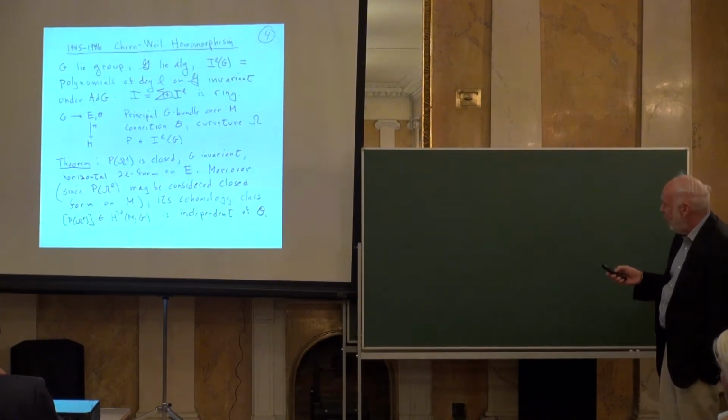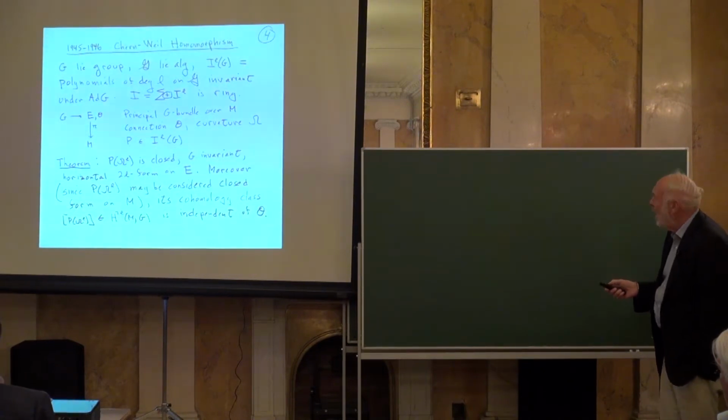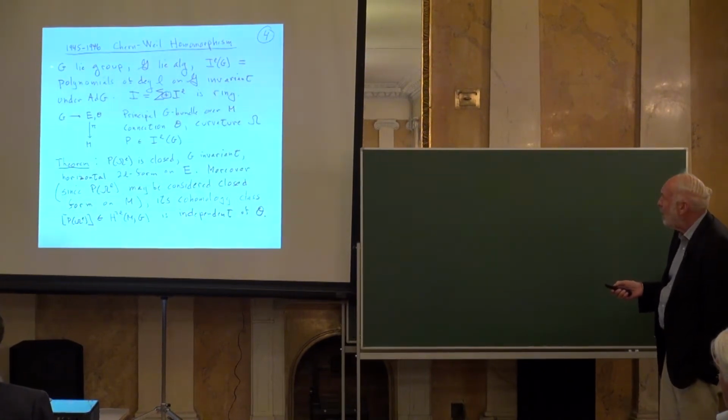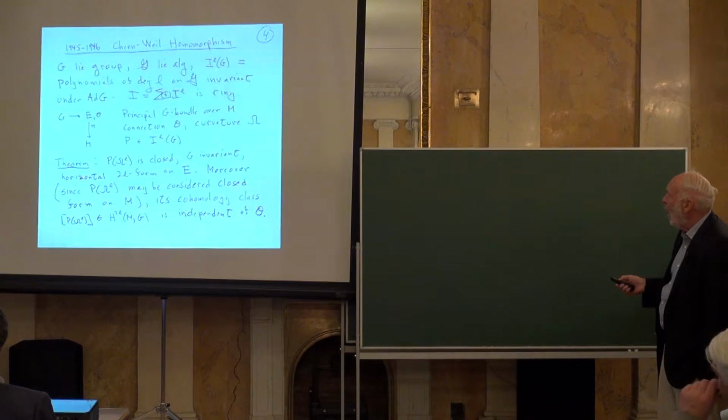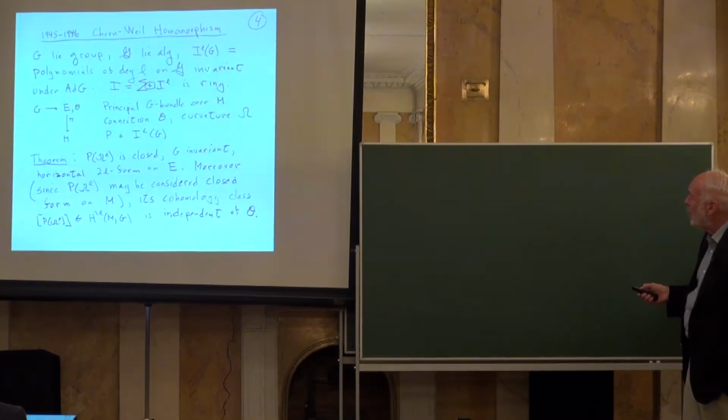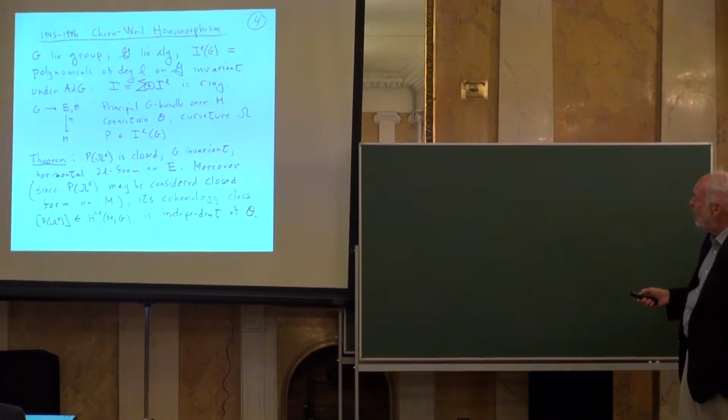So Chern and Weil started to work together, and if G is a Lie group and script G is its Lie algebra, they looked at all these invariant polynomials, all the polynomials in the Lie algebra which were invariant under the adjoint action of the group.